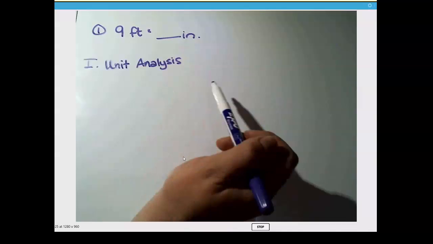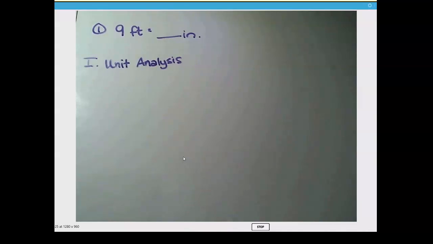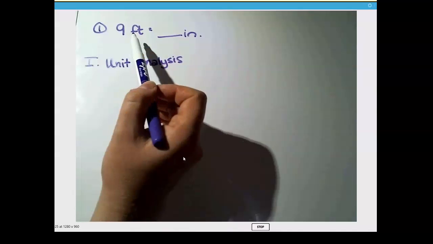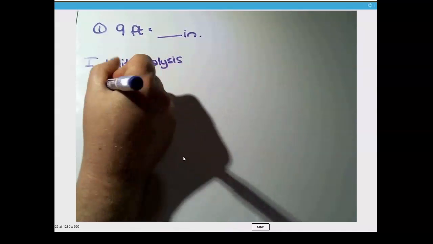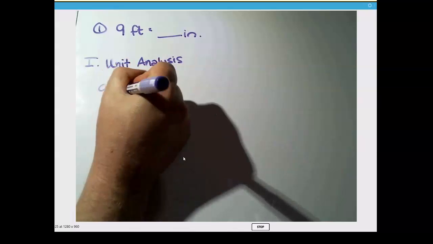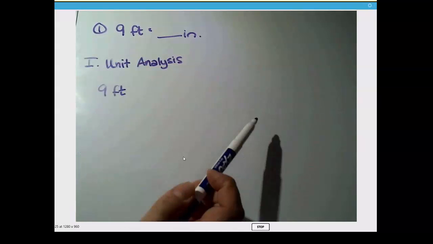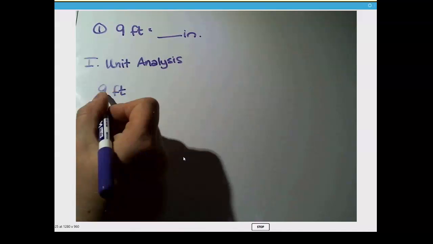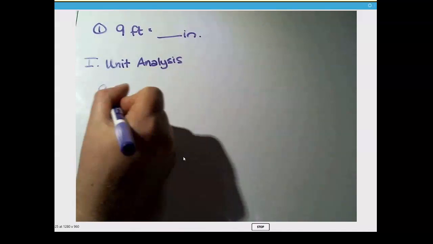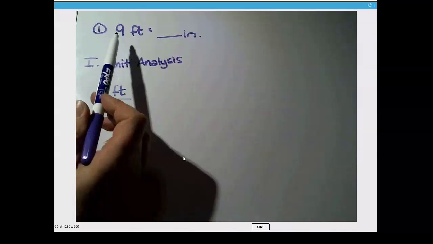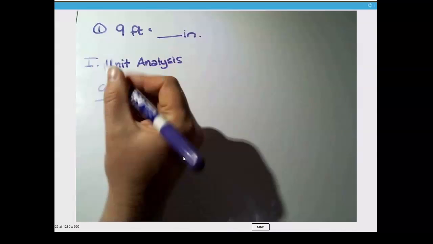It's a nice visual way of setting up a measurement conversion. The way you do it is you take your starting unit, which in this case would be the 9 feet. Make sure you label everything you're doing, because that drives the whole process. That's the most important part. You take your starting unit and you put it in fraction form. Since it's just a 9, and 9's a whole number, you're going to stick it over 1.